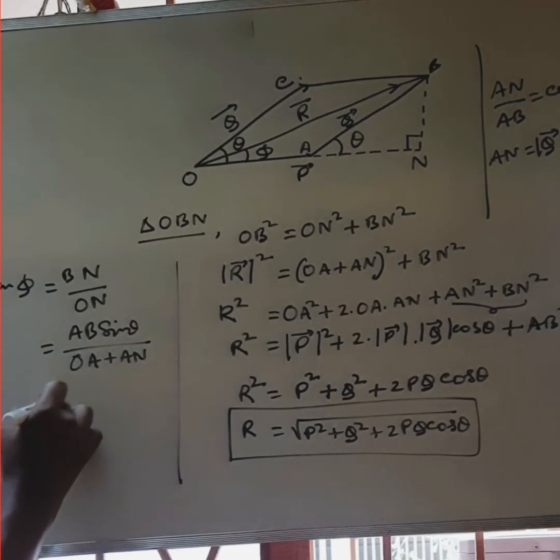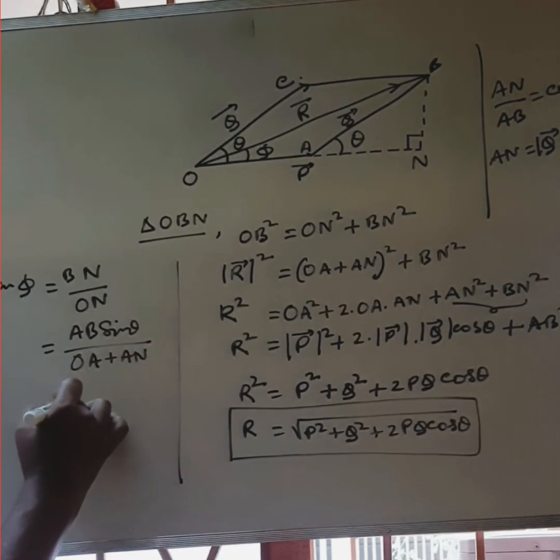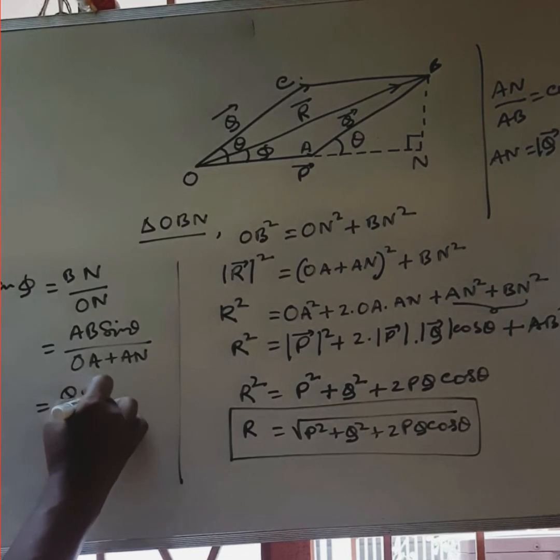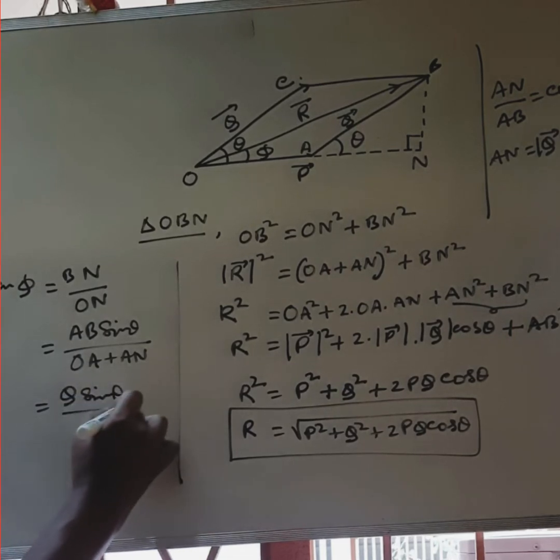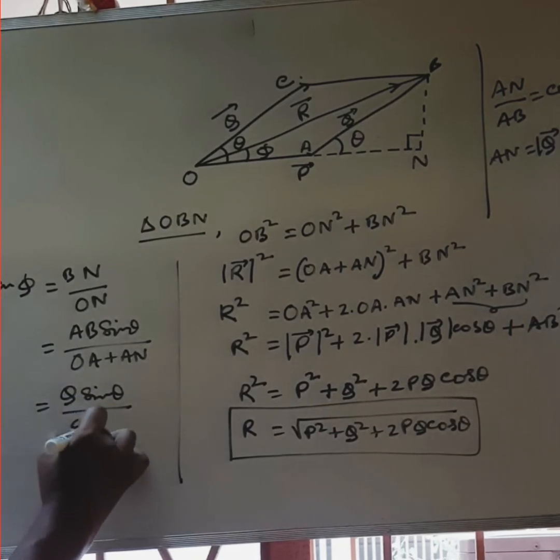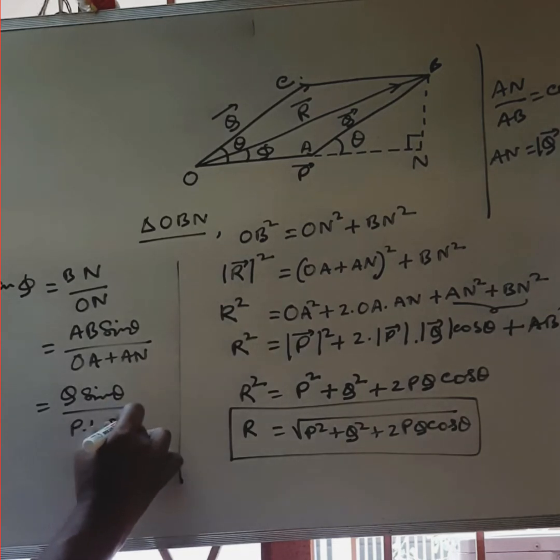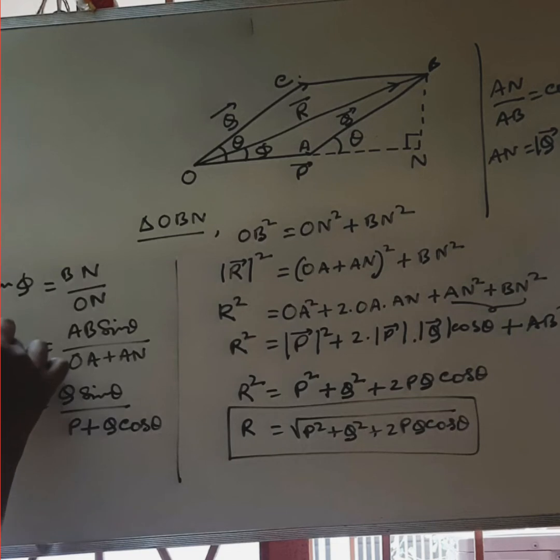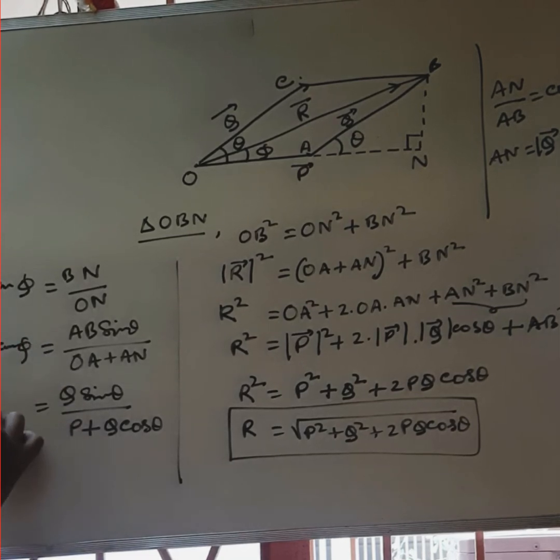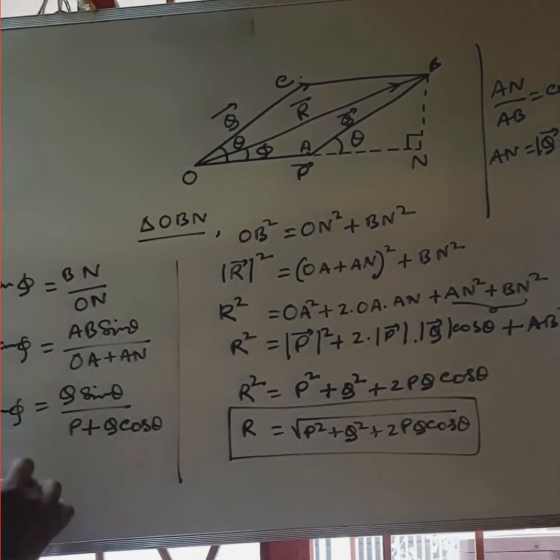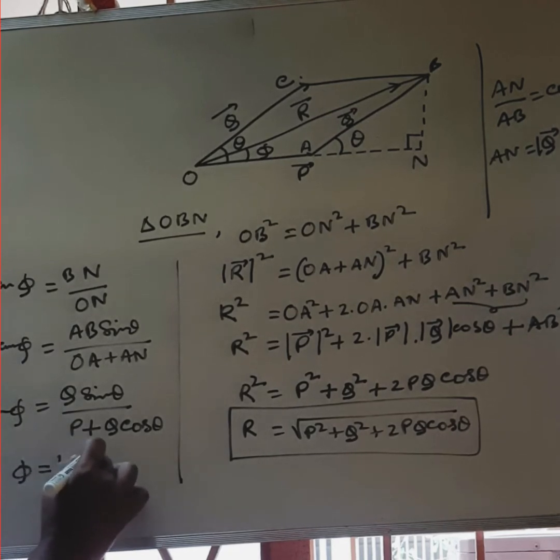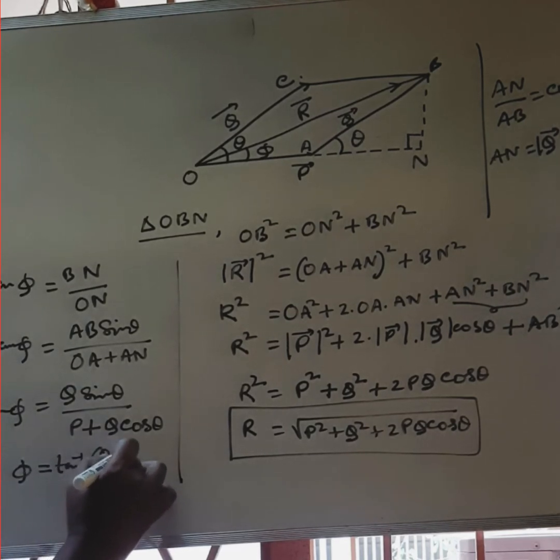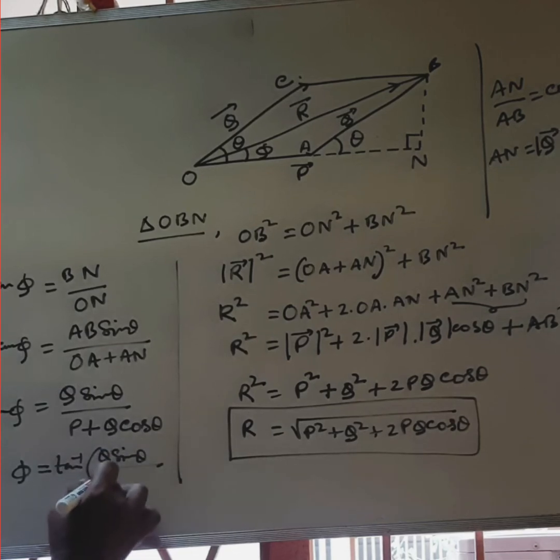You can write AB as Q, magnitude of the vector, so Q sine theta. Then you have OA as P and AN as Q cos theta. So you are also getting the angle: tan phi equals Q sine theta by P plus Q cos theta. So phi equals tan inverse of Q sine theta by P plus Q cos theta.